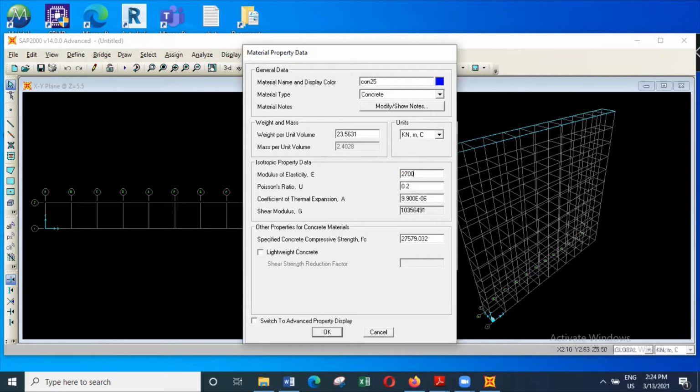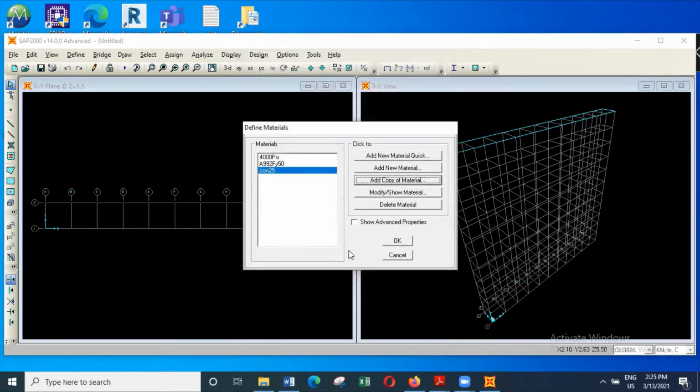So these cylinder strengths, so elastic modulus is about 27 e to the power 6, and the strength of concrete is 25,000, because we have to give all the parameters in kilonewton meter system. So these not newtons per millimeter squared, so it will be kilonewtons per meter squared.